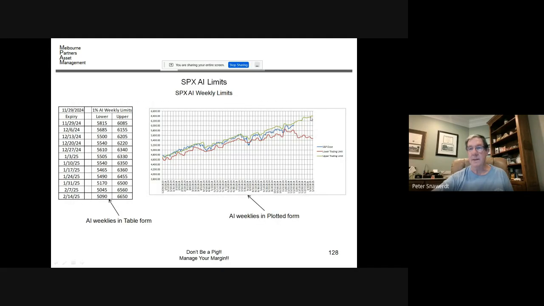Back here, same sort of thing. If you look out here, this is January 17th, 2025. Right here we know 54.65. That's the AI weekly lower limit for that day. You will not calculate something lower than that.